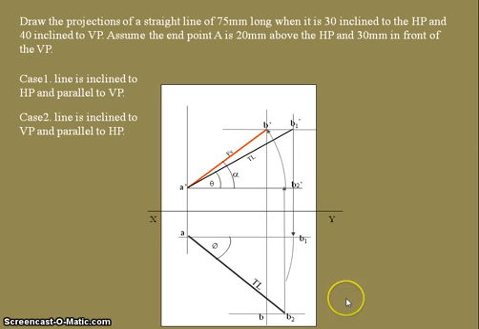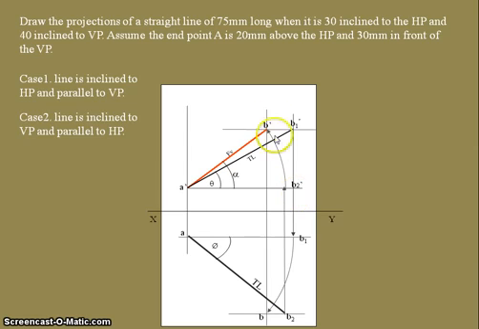Otherwise we can draw a curve from B1 with A as center. Again we are making use of the top view of the first case for getting the final top view. That is A to B1 as radius, A as center, draw a curve, and we get the same intersecting point.